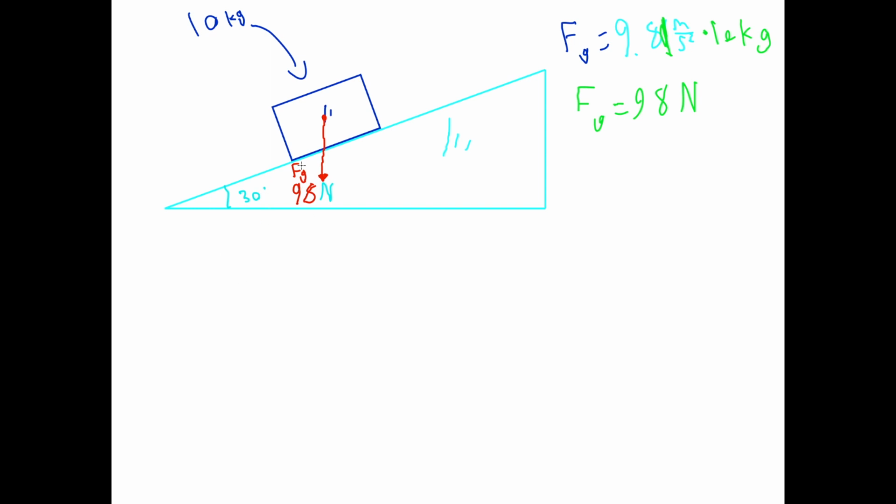So we know that if we draw a force that is perpendicular to our surface here, something like that, that is going to be our force vector perpendicular to our plane.